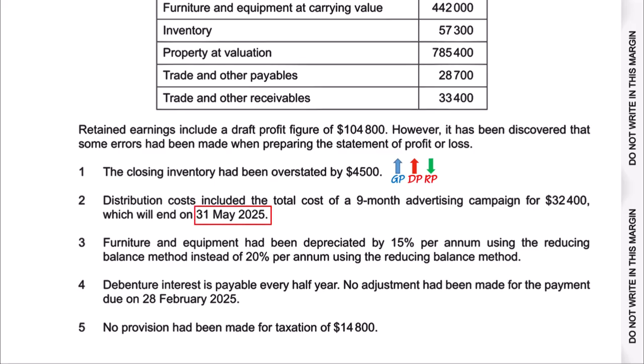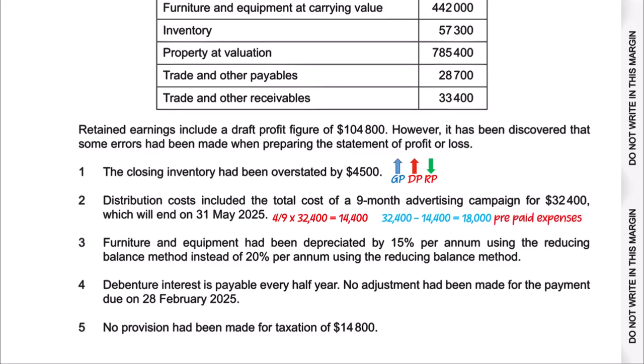But according to the matching concept, only those expenses that belong to 2024 should have been shown in the income statement, and which amounted to 14,400. However, the error was that instead of showing 14,400, the entire 32,400 was recorded, resulting 18,000 as prepaid expenses.